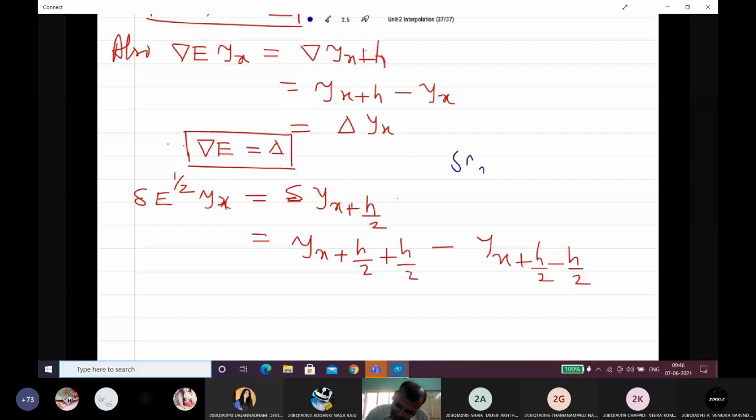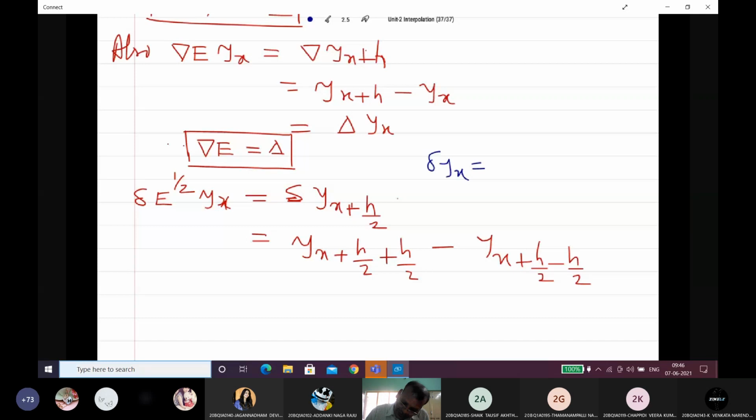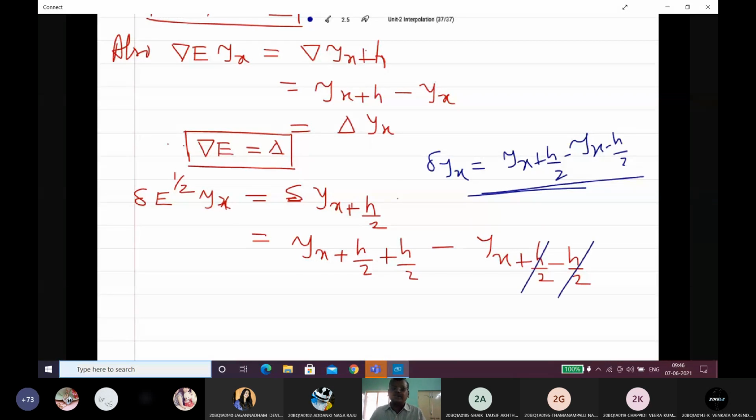Note down the formula here, very easy and simple. Delta of y x is equal to y x plus h by 2 minus y x minus h by 2. So we have to apply that formula. H by 2 plus h by 2 is h. Here, plus h by 2 minus h by 2 gets cancelled.